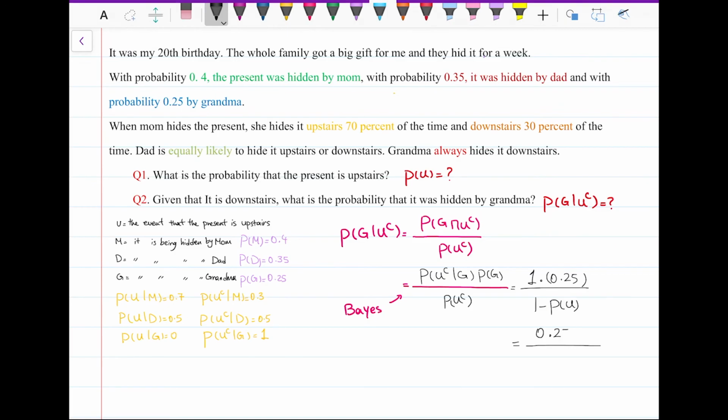So this is 1 times 0.25, which would be 0.25, and then 1 minus 0.455. And the answer for this one is 0.459. So with the probability of 0.45, this person was hidden by grandma if I found it downstairs.